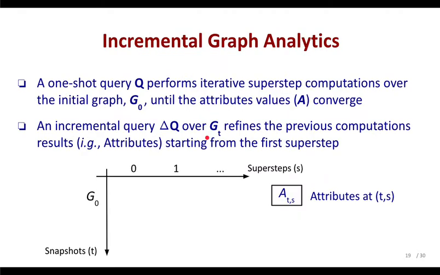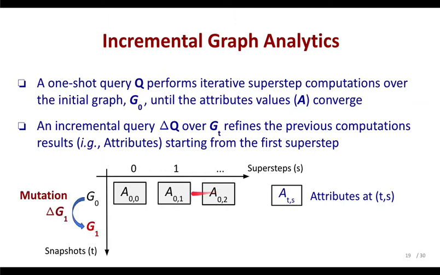I explain how to support incremental graph analytics. A one-shot query performs iterative superstep computations over the initial graph G0 until the attribute values such as PageRank values converge. Like this, it starts from the initial superstep and goes on until it converges.